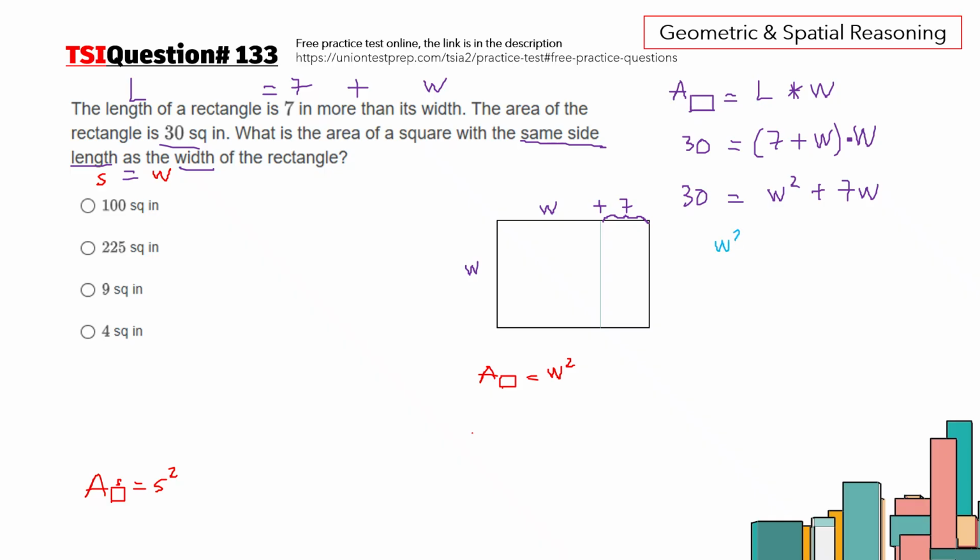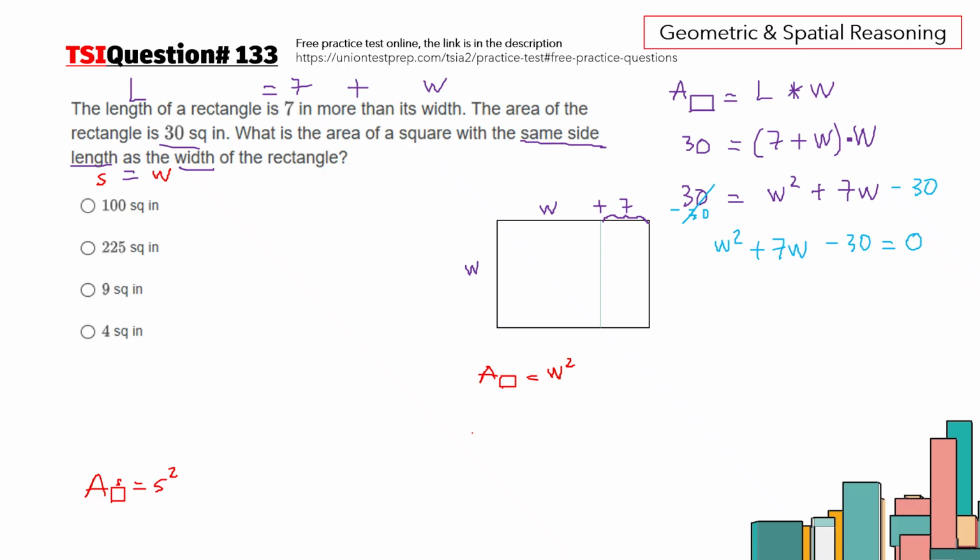You have W squared plus 7W. If I subtract 30 from both sides, I will have 0 on one side and on the left-hand side W squared plus 7W minus 30 equals 0.